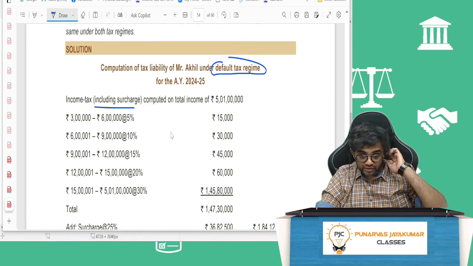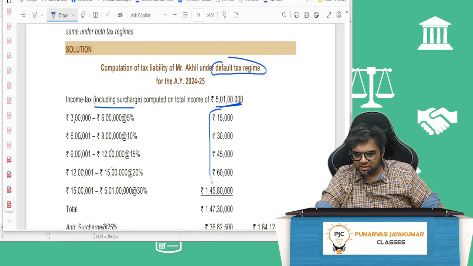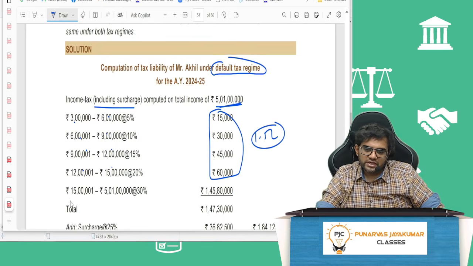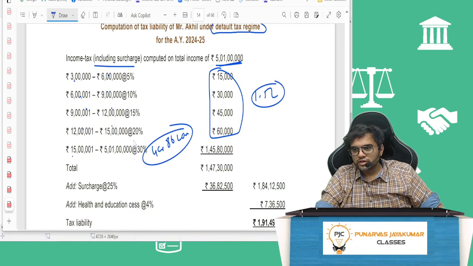Income tax including surcharge computed on total income of 5 crore 1 lakh. 0 to 3, 3 to 6, 6 to 9, 9 to 12, 12 to 15. We know all this put together is 1.5 lakh. What is the balance? 15 lakh to 5 crore 1 lakh, 4 crore 86 lakh, into 30%.